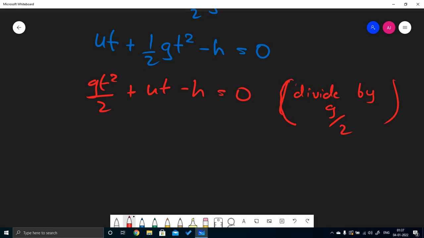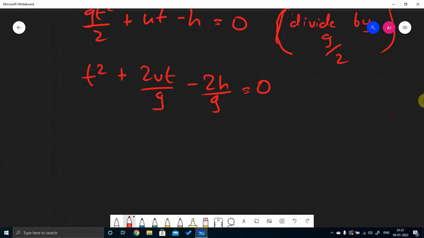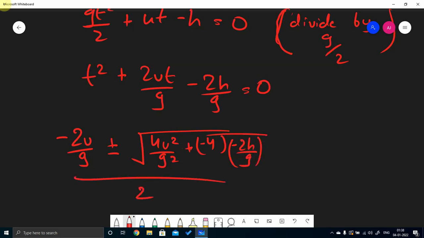Now what happens is we get t square plus 2u t by g minus 2h by g equal to 0. Now when we put this in the quadratic formula, we get t2. So t2 becomes equal to minus b plus minus under root b square, which is 4u square by g square, minus 4 into minus 2h, divided by 2.